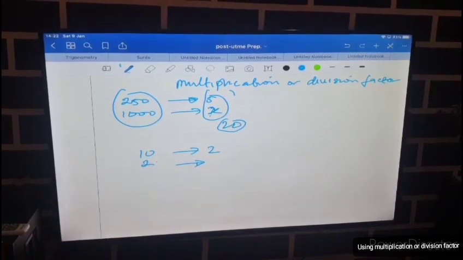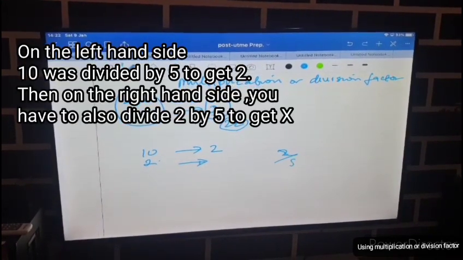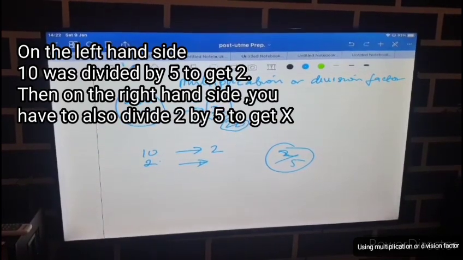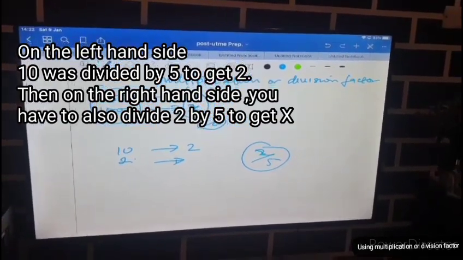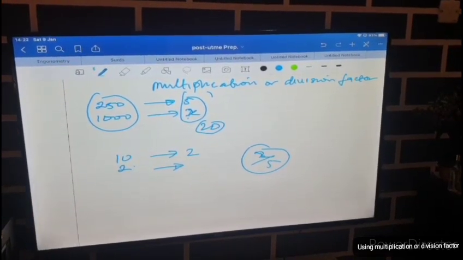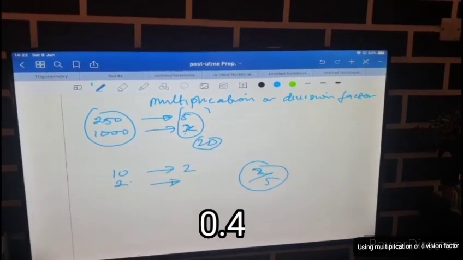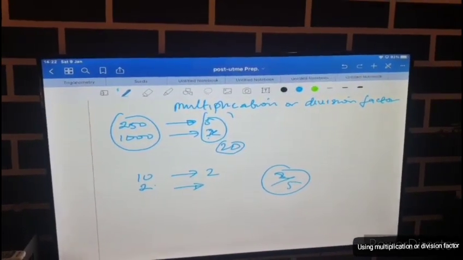So which means 10 was divided by 2, which means the answer will also be 2 divided by 5. And when you say 2 divided by 5, you know that it's going to give you the answer in 0 point. So if you look at the options and there is no 0 point except one option, you go straight and answer it. No need of wasting your time.